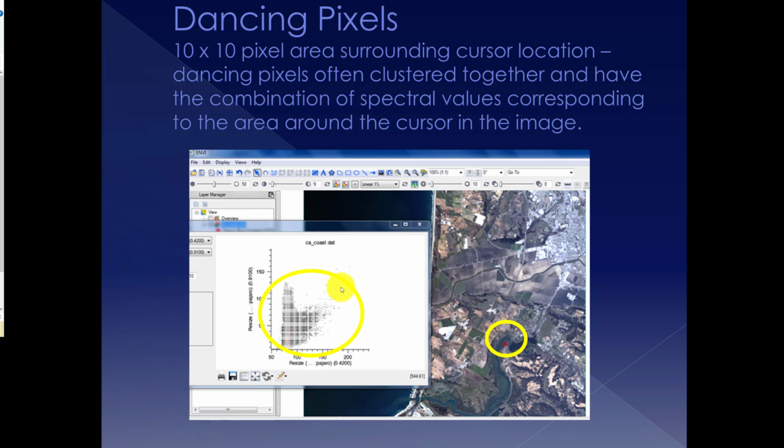You can also look at areas where the pixels are not clustered together, and that's going to be indicative of transition zones. It's going to be indicative of mixed pixels, and that tells you if you have pixels that are very spread out, like you see here in this portion of your scatter plot, it means that you're probably likely looking at an area with mixed pixels.